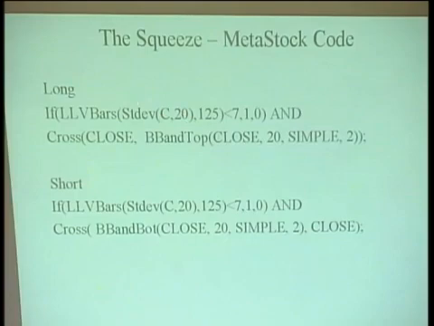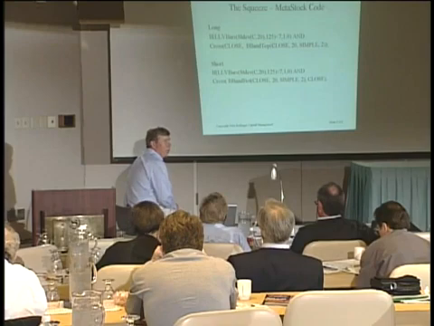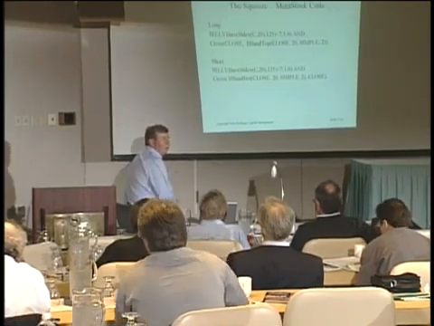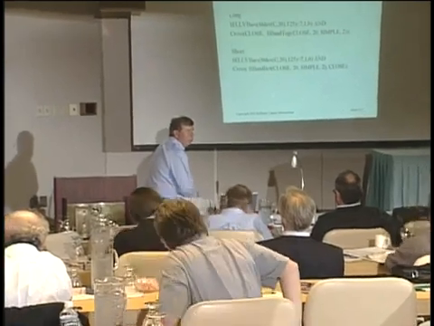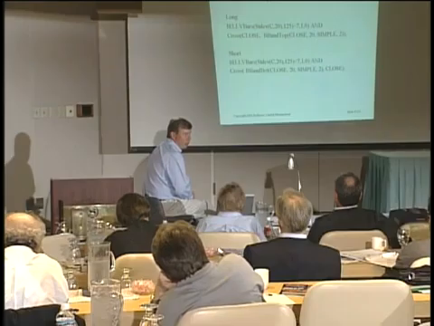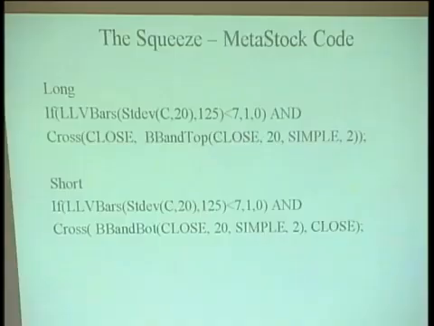Now, we're going to use this function called LLV bars. LLV bars tells you how long ago the lowest low in the past n days occurred. So we're going to ask for the lowest low value in bars for the past 125 days.